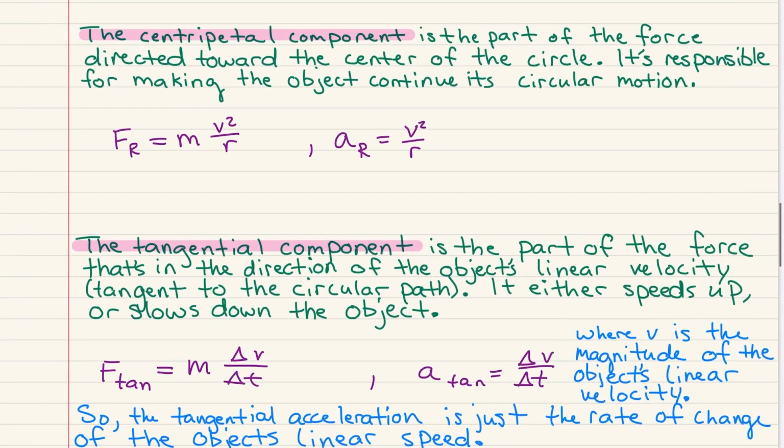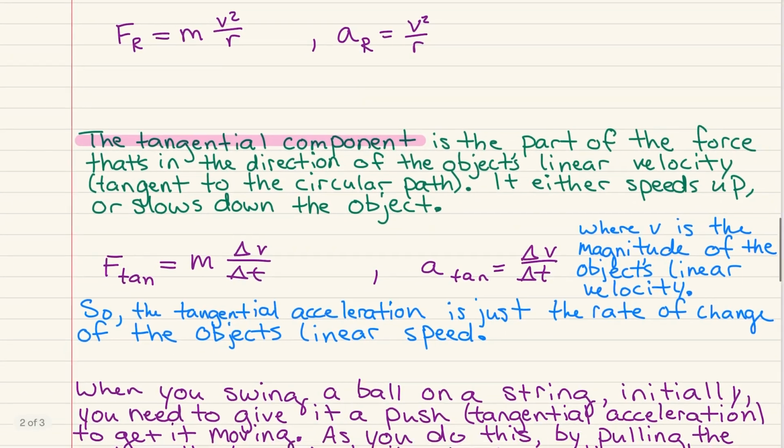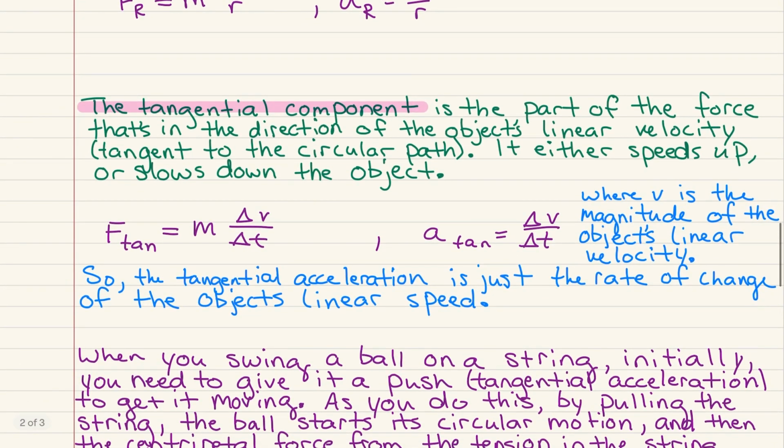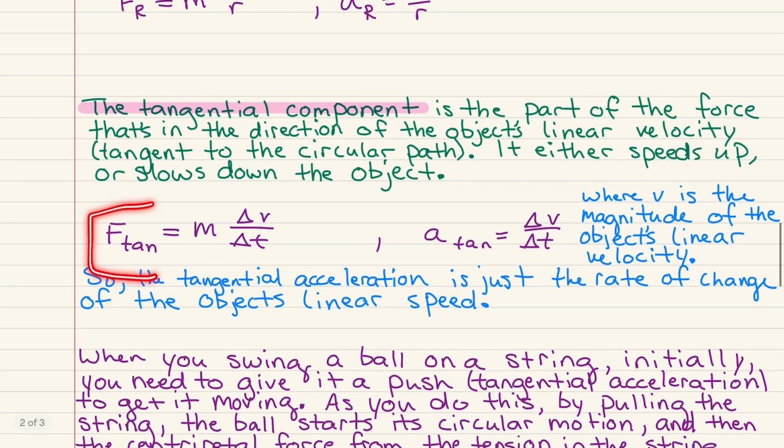The only difference is that now we do have a non-zero tangential component. This is part of the force that causes the tangential velocity of our object in circular motion to change, and it works just like one-dimensional kinematics. So what I'm saying is that the tangential component of force is just mass times average acceleration.